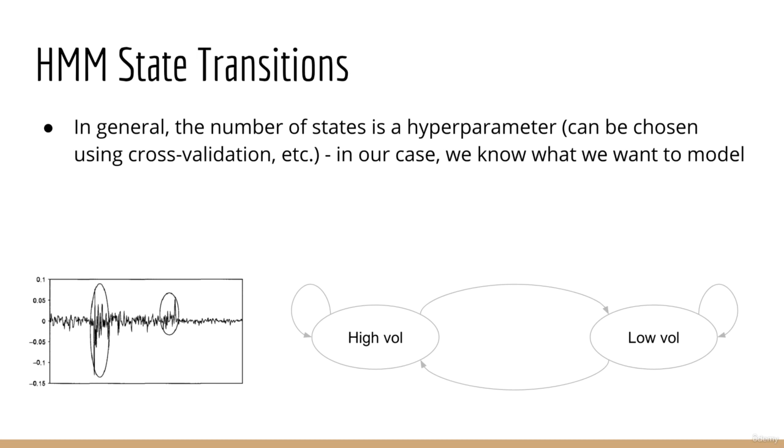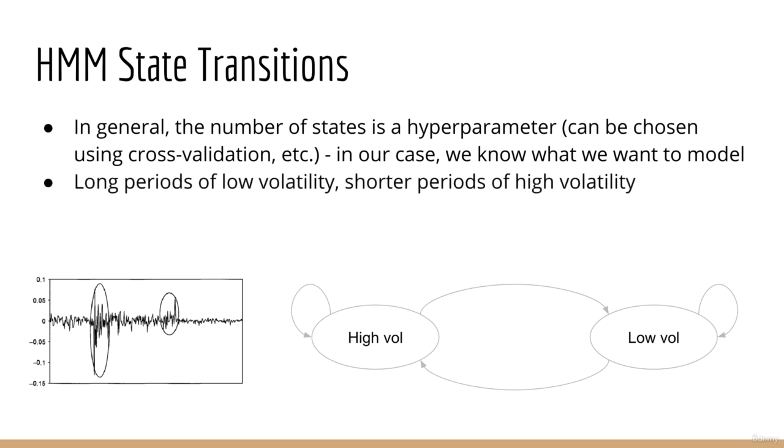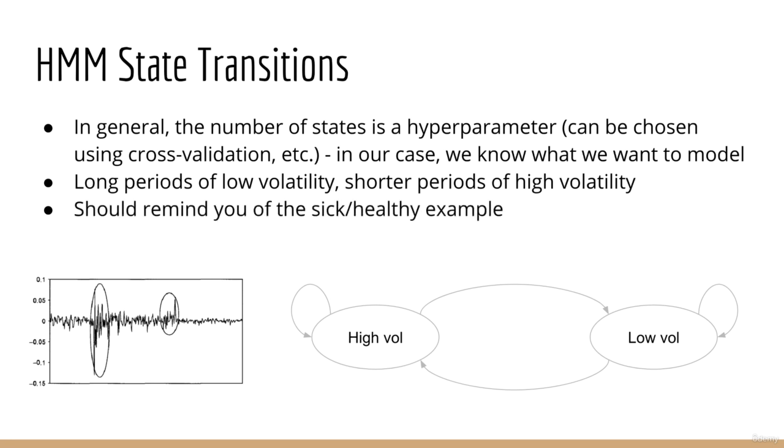So here's something we might expect to find. If we look at a typical stock return sequence, we can see that there are generally long periods of low volatility and shorter periods of high volatility. This should remind you of our healthy and sick example. So a reasonable guess is that the probability of going from low to low is, say, 95%.